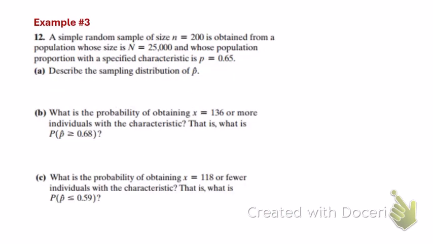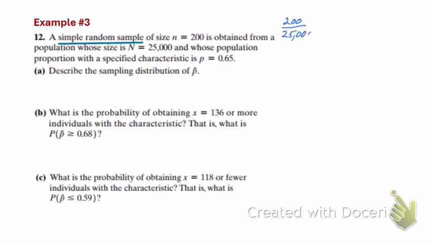Let's look at some real problems. Okay, we got a sample of size 200, and it says it's random, so that's good. They do tell us about the population. Is 200 less than or equal to 5% of the population? So it's random.